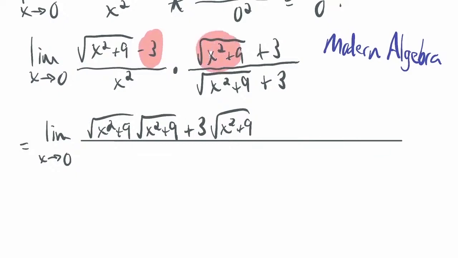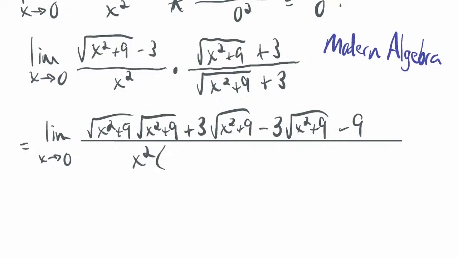So negative 3 times the square root of x squared plus 9, minus 3 the square root of x squared plus 9. And you might see right away what's going to happen in the next step. And then the two last components, negative 3 times 3 is negative 9. And again, on bottom, we're not going to distribute. I will leave it as is, and you'll see why in a minute.